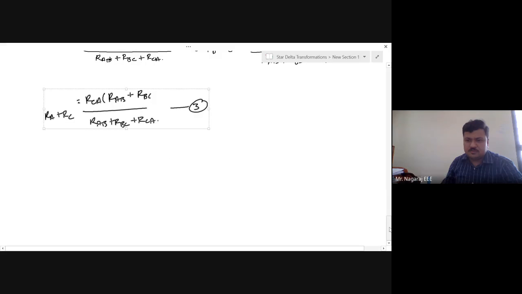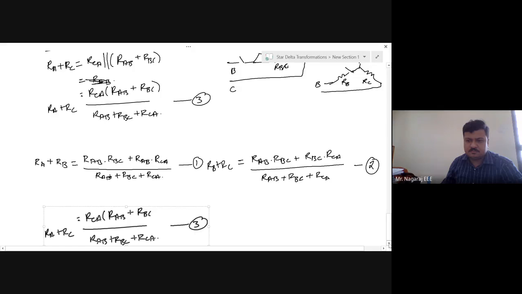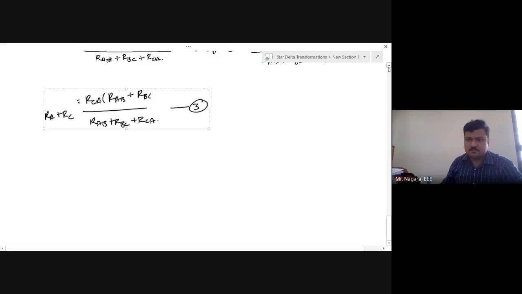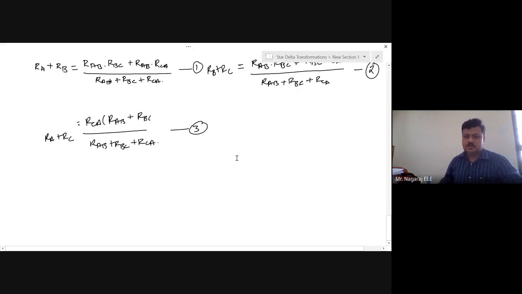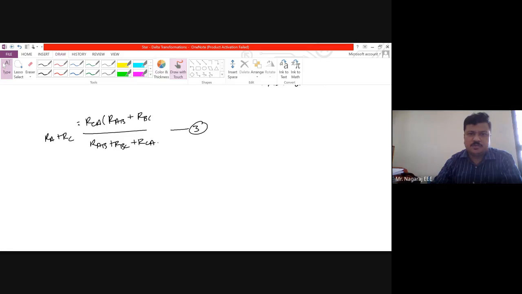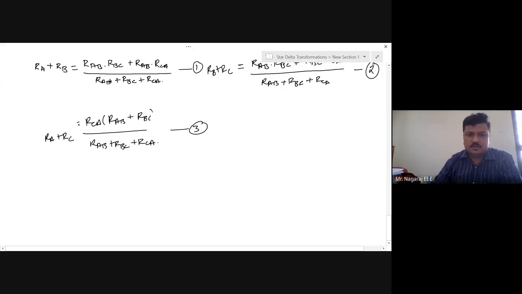These are the three equations I have. Sorry for the delay. Now I take some algebraic simplification so that I get a form of equation that will be reused in my next analysis.